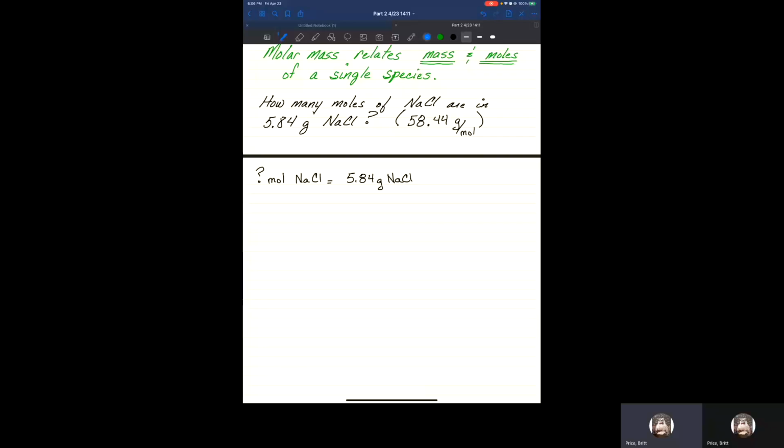Remember, with our molar mass, 1 mole of whatever NaCl is equivalent to some number of grams. So 1 mole of NaCl is 58.44 grams. I need 58.44 grams, and I have 1 mole of NaCl.